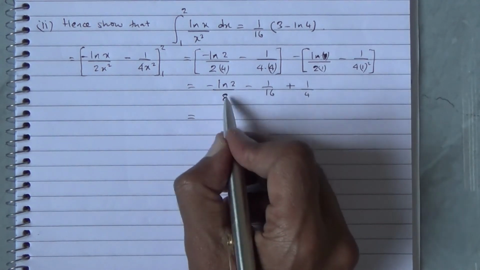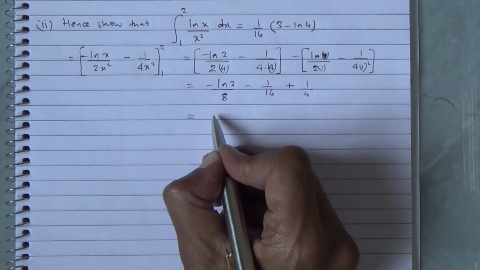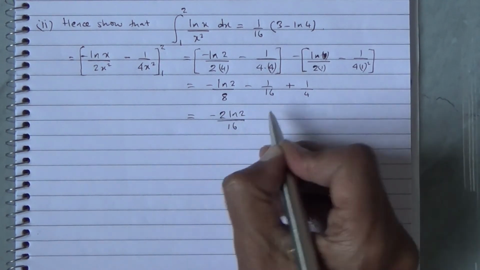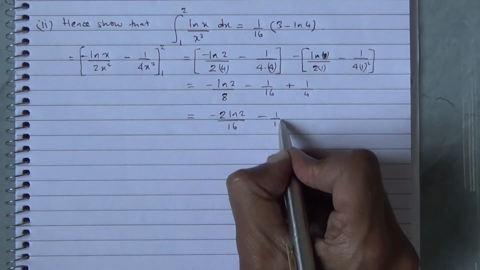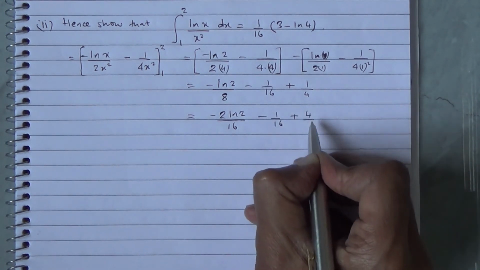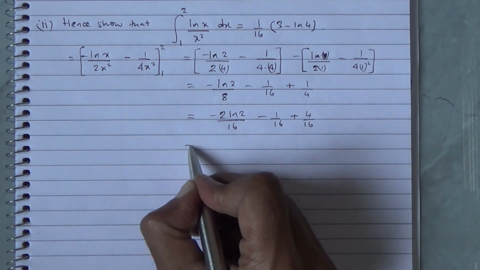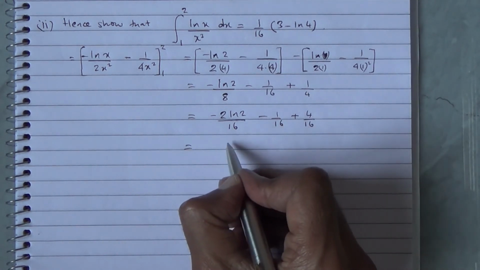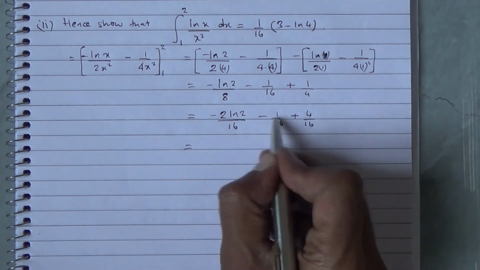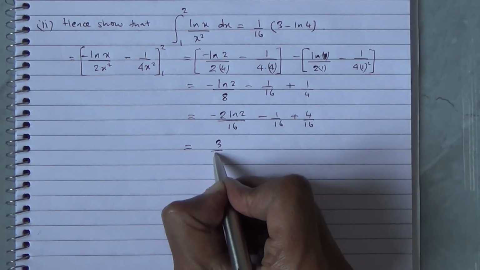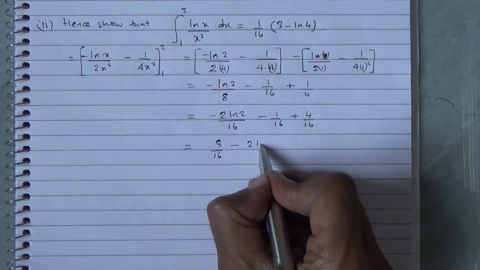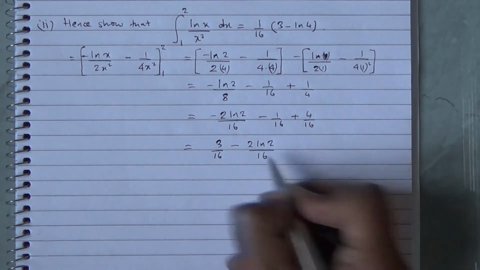So we can multiply and make the denominator the same. I can say minus 2 ln 2 divided by 16 minus 1 over 16 plus 4 over 16. 4 over 16 is 1 over 4. So 4 minus 1 is 3 over 16, then minus 2 ln 2 divided by 16.